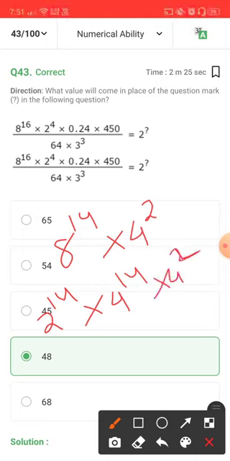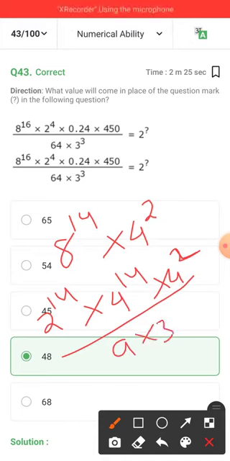Then down we have 64 already divided, then 3 into 3, that is 9 into 3, we have another number called 450. I'm leaving that thing, we do it later.